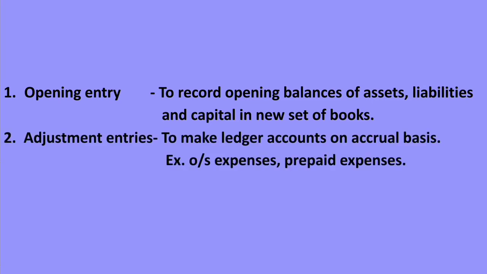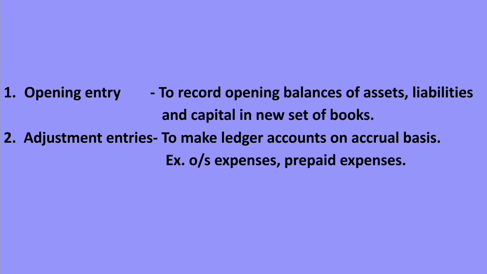And second one, adjustment entries to make ledger accounts on accrual basis. We are recording the transactions in the double entry system of accounting and also on accrual basis. Accrual basis means we have to record all the expenses and incomes relating to a particular period in that period itself.